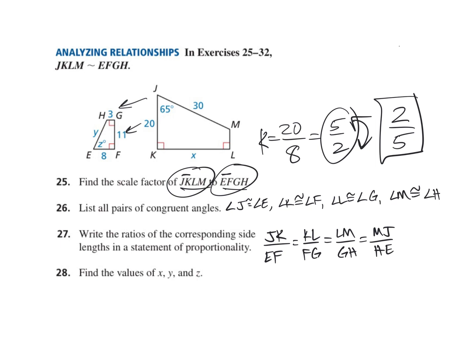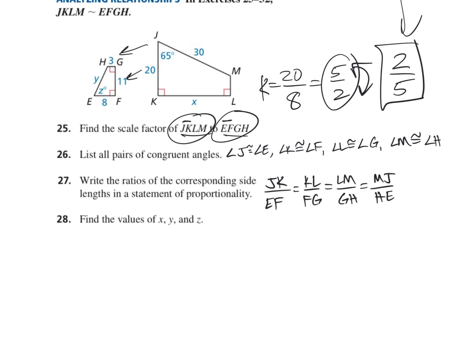All right, so we have our scale factor. We could use that, but we'll set up the proportions because that's probably what you're going to do. So we need to make sure we set these up right. So I'm going to move this up just a little bit. And again, I'm going to focus on the order here. Okay, so if I just use number 27, I can set these up and figure out X, Y, and Z. So let's just do all of these 4 fractions here.